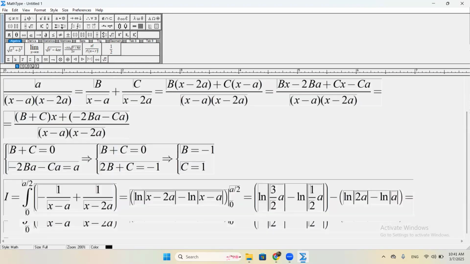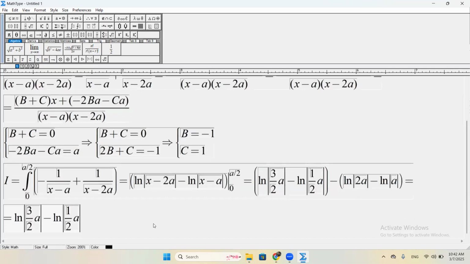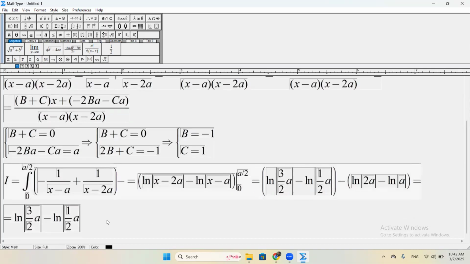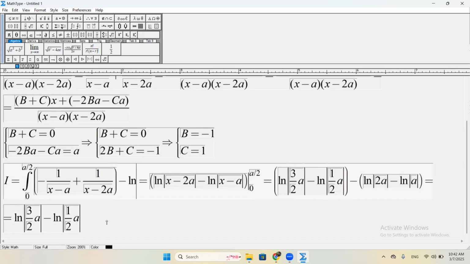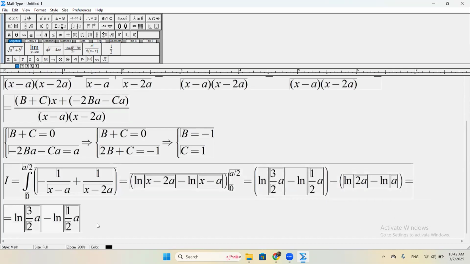So now let's expand brackets, and then we will turn this expression to a product. So, and something will be simplified. So minus logarithm of 2a and plus logarithm of a. And we have the following expression.